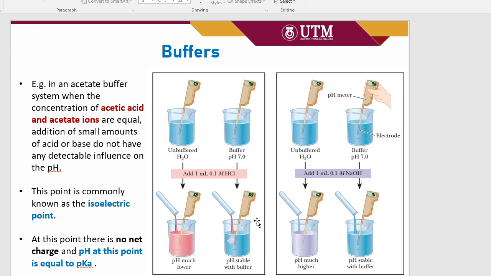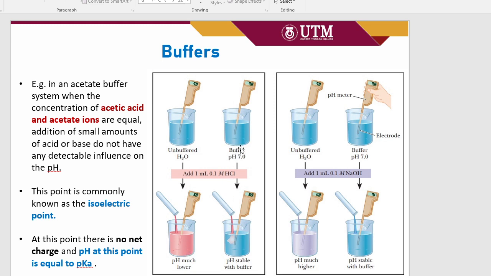Example of a buffer solution: see this kind of solution. We have a solution of H2O. We add acid to lower the pH, such as to 3. The indicator will change to red, which means it became acidic.